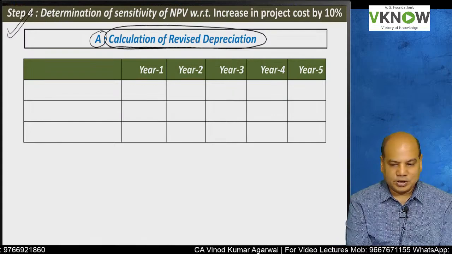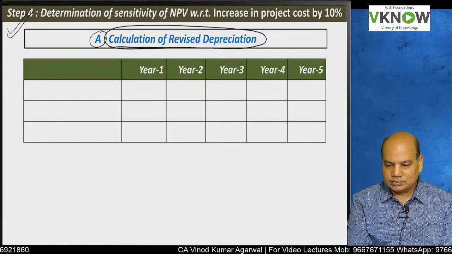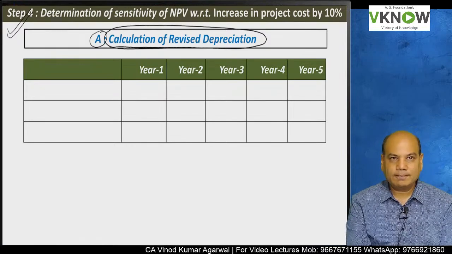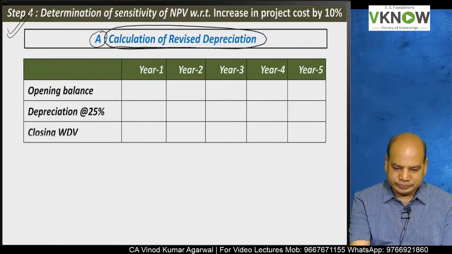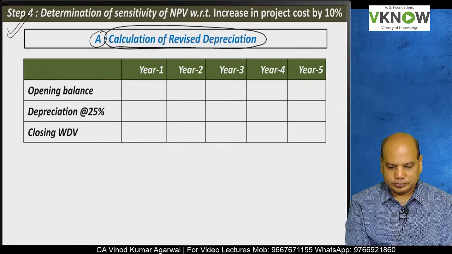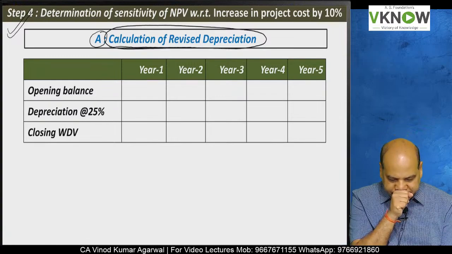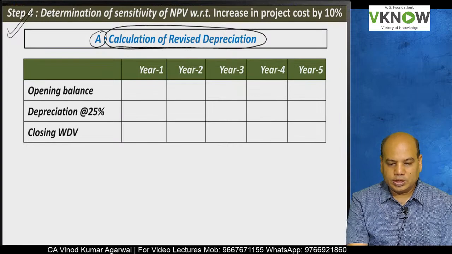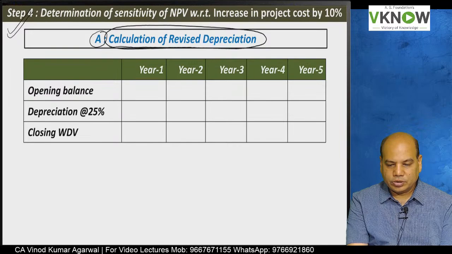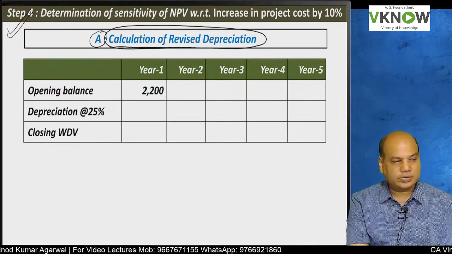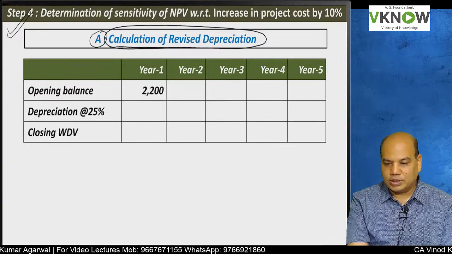The format is the same: Year 1, 2, 3, 4, 5, and you will write opening balance, depreciation at 25%, closing WDV. Opening balance, you start with 2200 and now you complete the table.